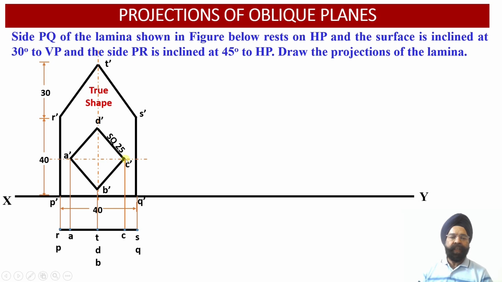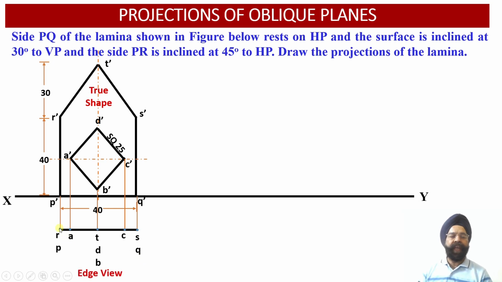Then corresponding to the point C dash, the top view projection of this point will be obtained onto the edge view as point C. And finally, the corners S dash and Q dash in the front view will be projected as S and Q onto the top view projection.